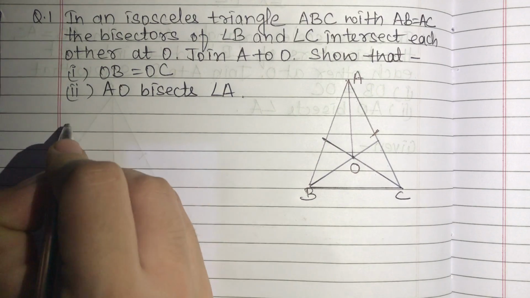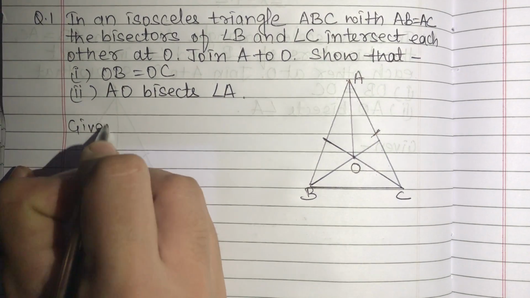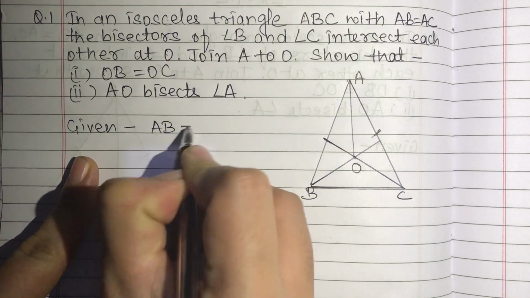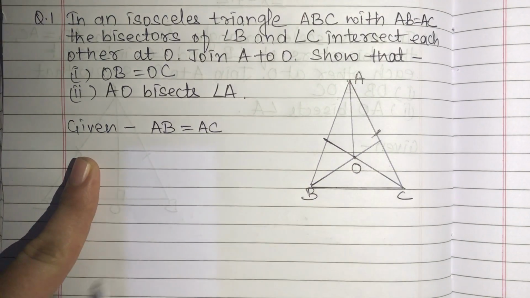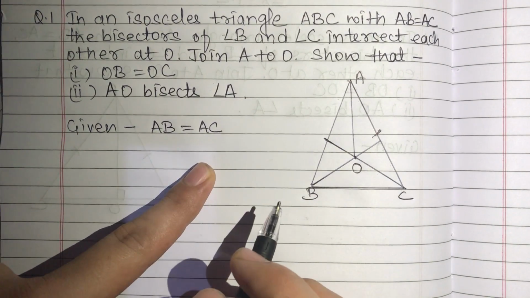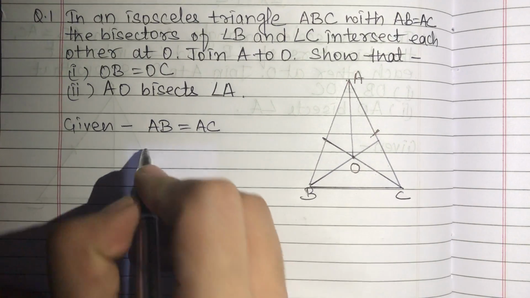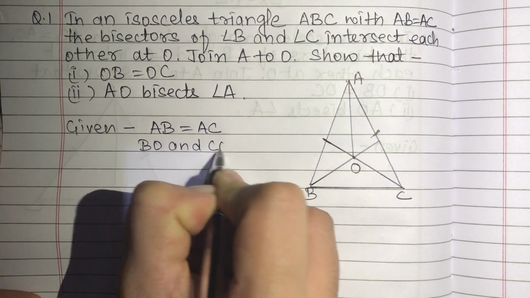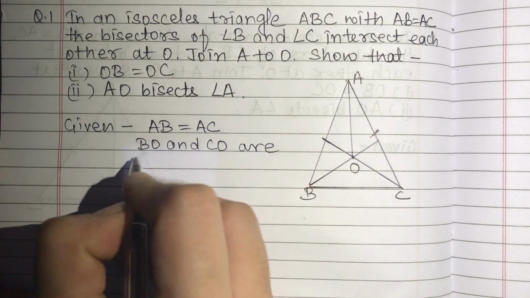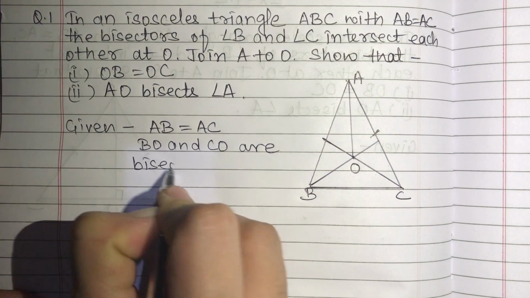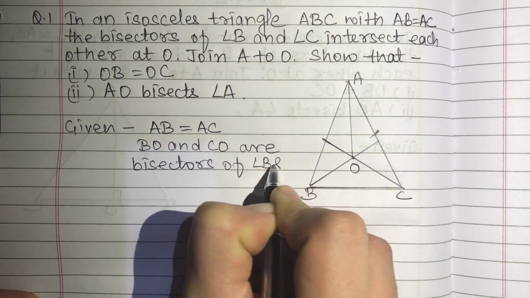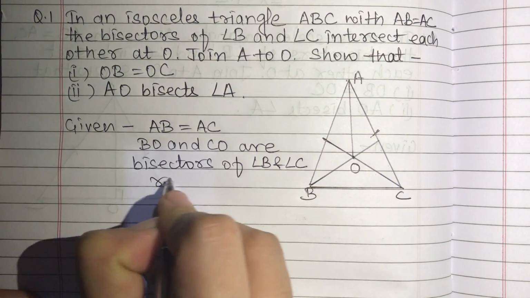What we are given in the question is that ABC is an isosceles triangle in which AB equals AC. BO and CO are the bisectors of angle B and angle C respectively.